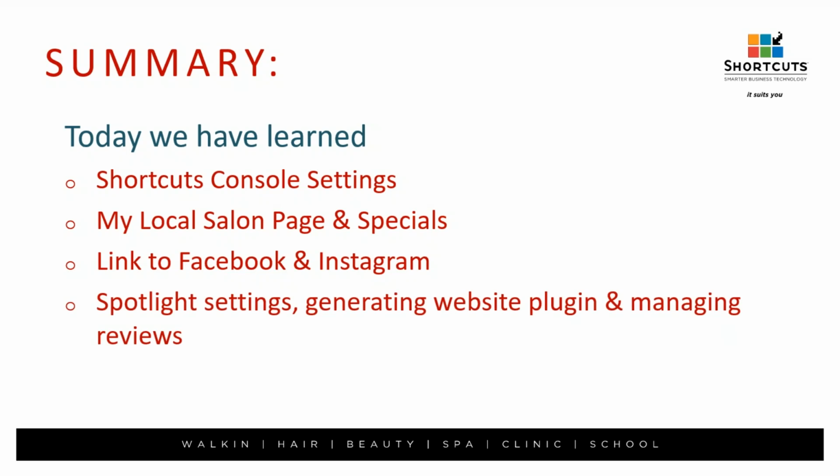So now we've learned how to set those changes. We're not really going to focus on specials. We talked about linking it to Facebook. Now with regards to Instagram, you would have to put that on your profile, so the customer usually swipes up to get to that. And we'll be talking about Spotlight in another presentation.